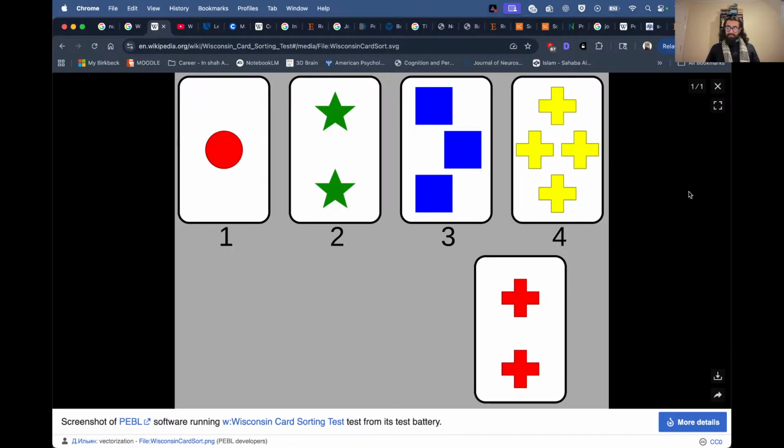Disagree, Rick Cooper, his paper from 2024 outlines some issues with single deficit views. So the Wisconsin card sorting test is not measuring pure flexibility.